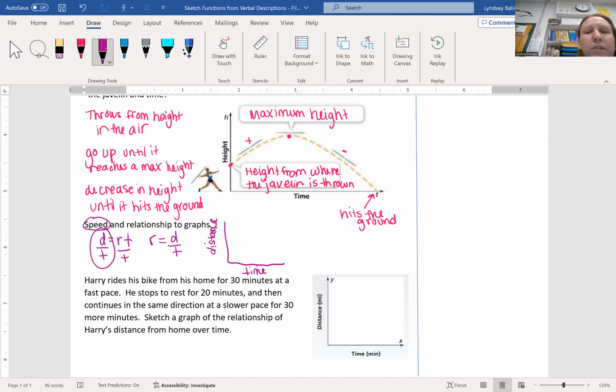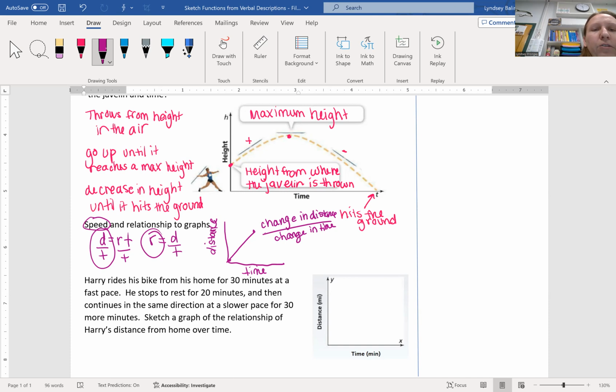So if you are looking at maybe a line that looks like this, and you find the slope of it, the change in the y's over the change in the x's, that would really be the change in the distance over the change in the time. And that means that that is really your speed.